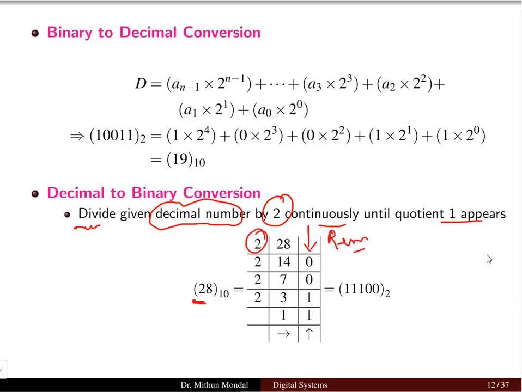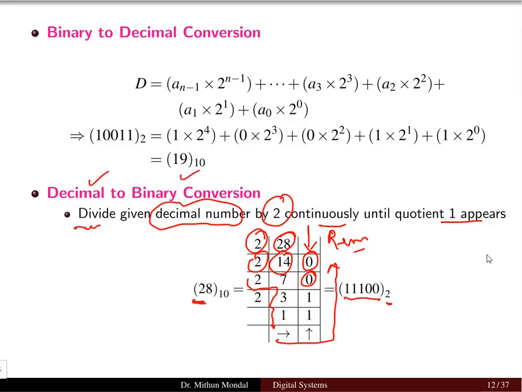When we divide 28 by 2, we get the remainder 0. When we divide 14 by 2, we get the remainder 0, and so on. We keep on dividing, and then we see the numbers that appear in the remainder list, reading from down to up. We get 11100 with base 2. So we have converted the decimal to the binary number system.